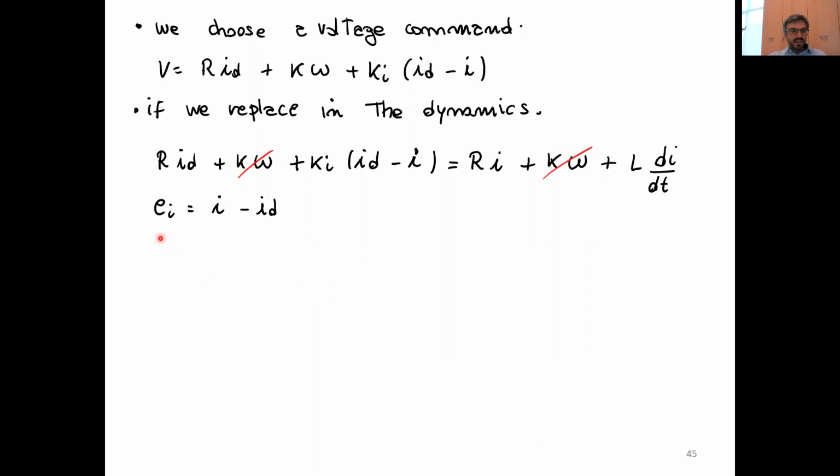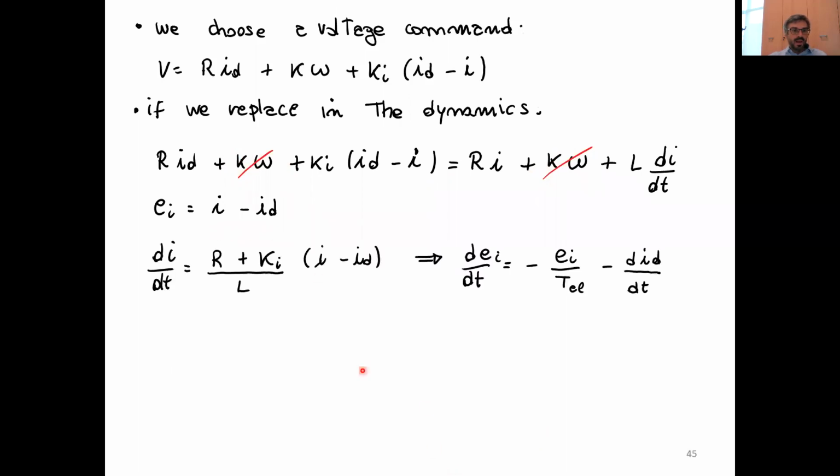And if we define the current tracking error as i minus i desired, we can see that we have the derivative of the current on one side equal to this (R plus Ki), where Ki is the proportional gain of our controller, divided by L. We will see what the proportional gain is.